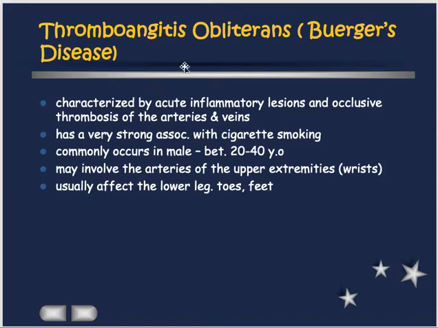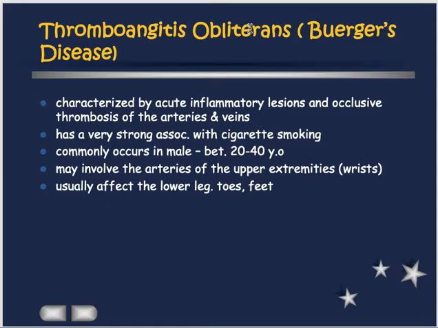Now, obliterans, if you know what it means, the place is obliterated, blocked. So this is basically a disease in which there's occlusion in the small and medium sized arteries like plantar, tibial, radial, and so on.